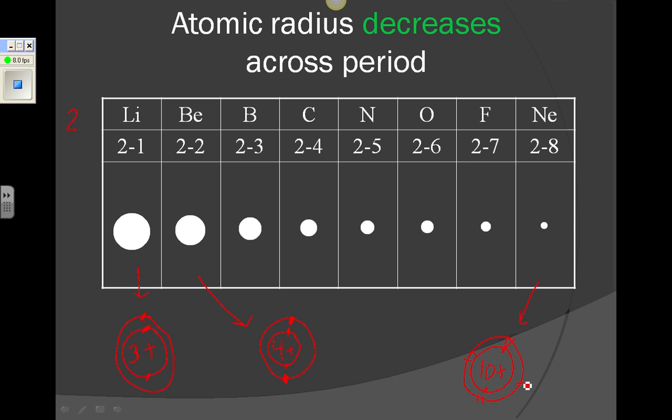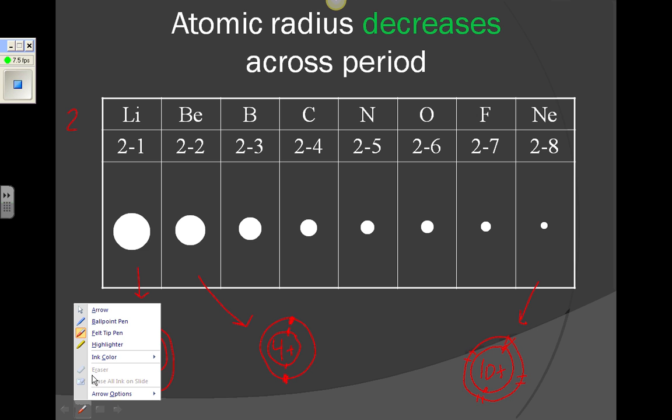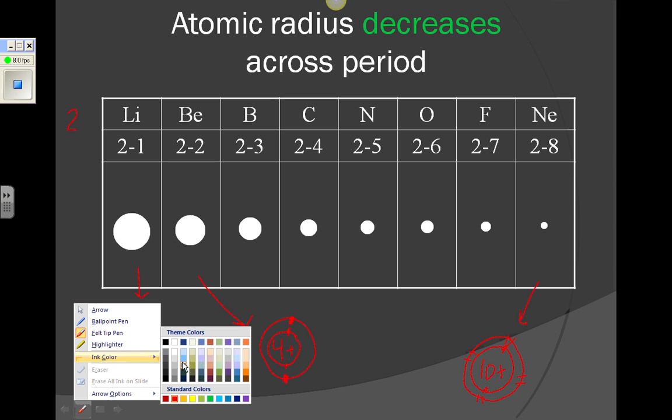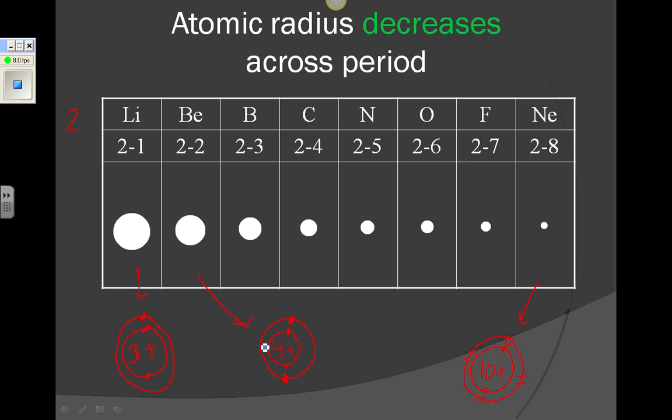Well, what happens here is that as we go across the period, as you can see, we're adding more protons and a greater nuclear charge. So those protons are actually pulling the electron cloud closer to the center.